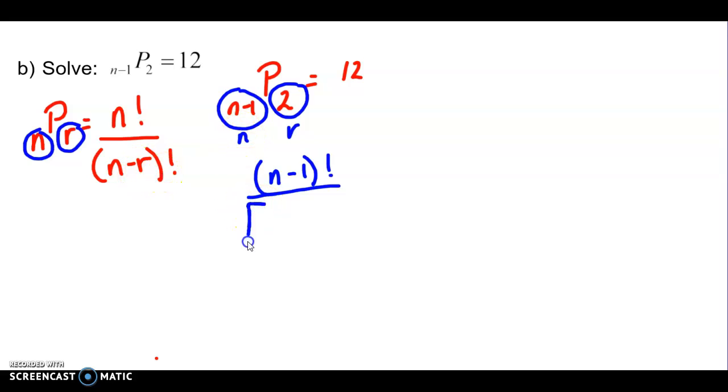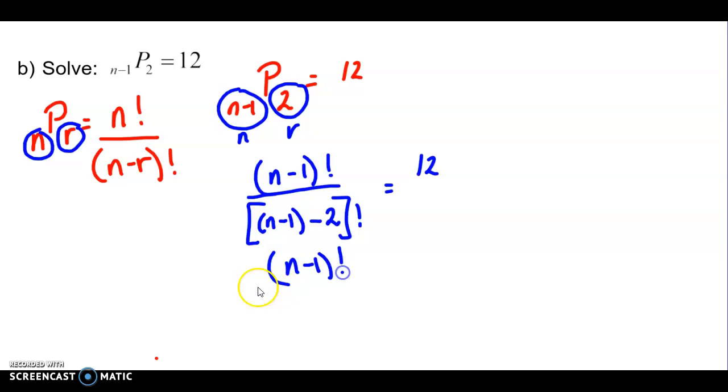So on the bottom we have n minus 1 subtract 2, equals 12. We can simplify that denominator. n minus 1 minus 2 gives us n minus 3 factorial.